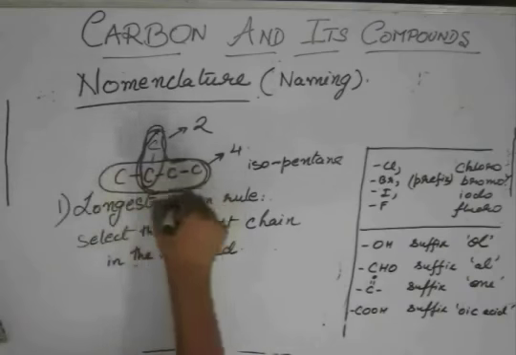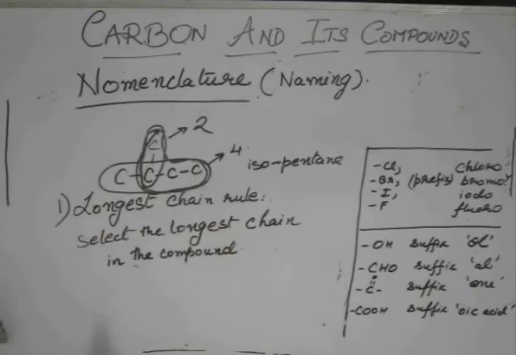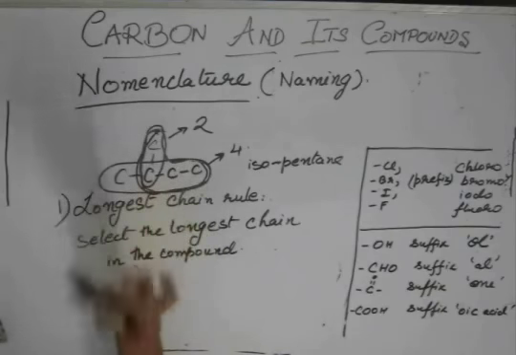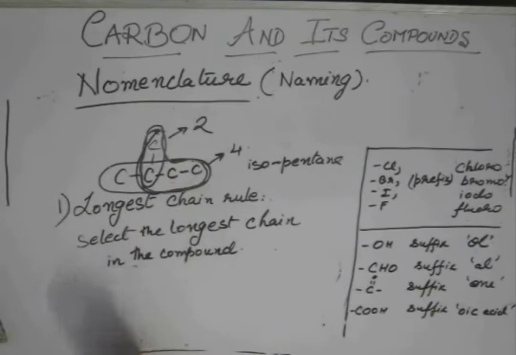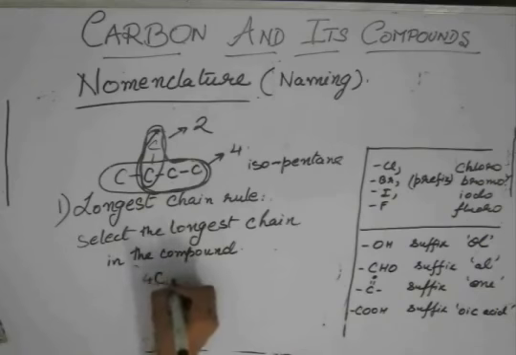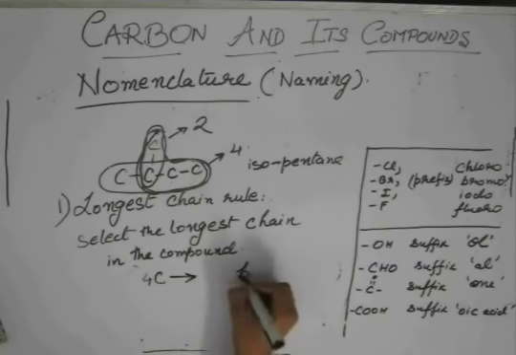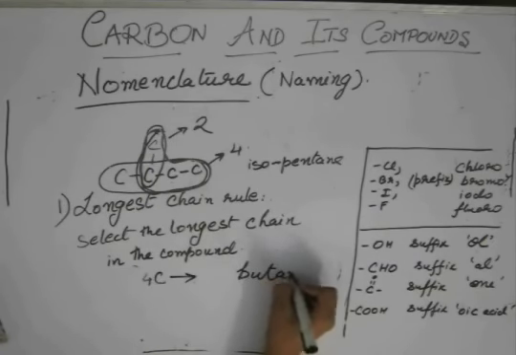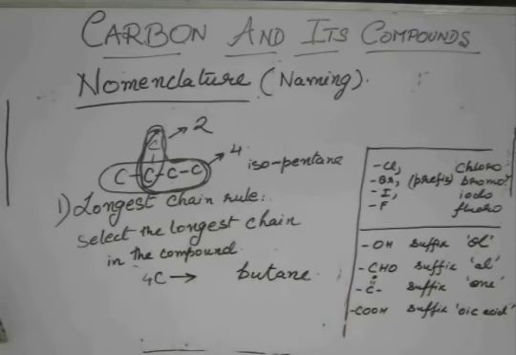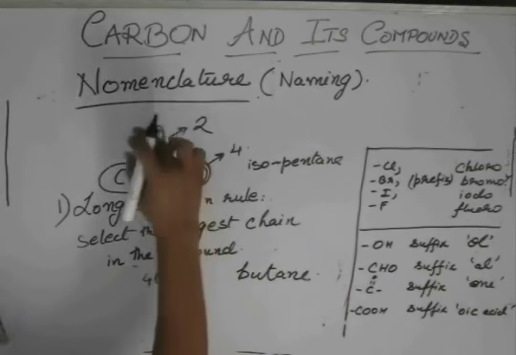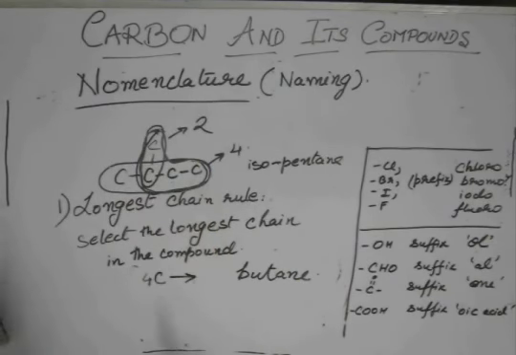So let us take this chain. And how many carbons are there in this chain? 4. There are 4 carbons, so name it butane. But there is a branching.